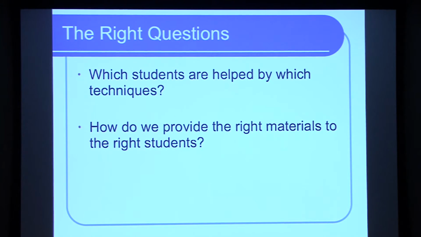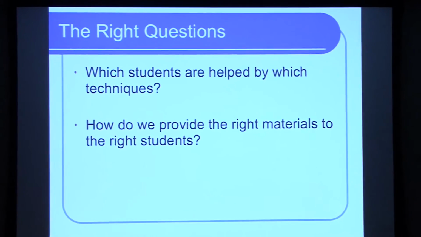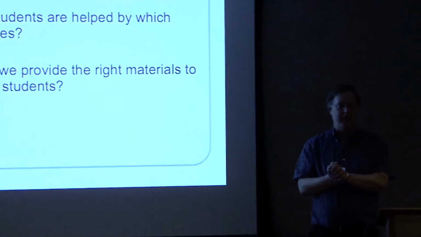But I would say the right question is not, does it improve student learning, but for whom? We have lots of different students out there. If you look at a redesign of a 1,200-person college algebra course, it is a mistake to say, what do I need to do to help the student? It is not the student. There are many different students out there, and they come in with different ideas, different ways of learning.